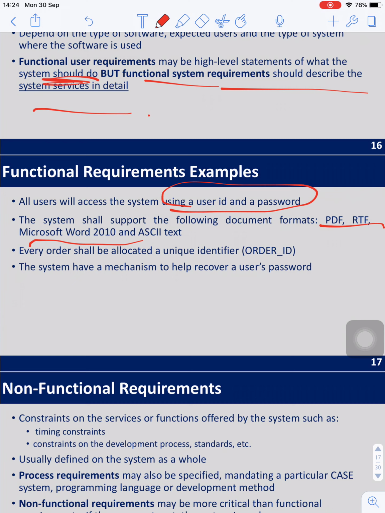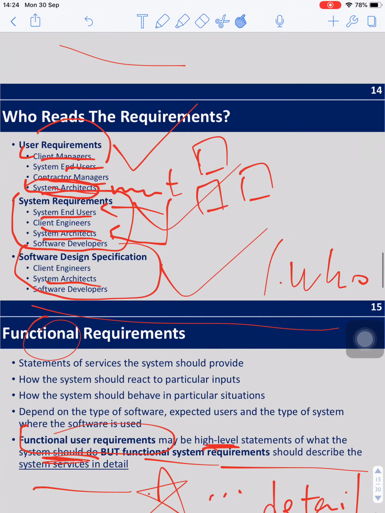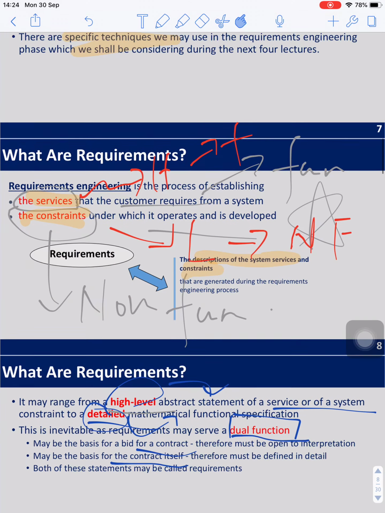The functional requirement should not only say what, it should describe in detail. This is very important. So let's go back to see the wrong thing that I made.